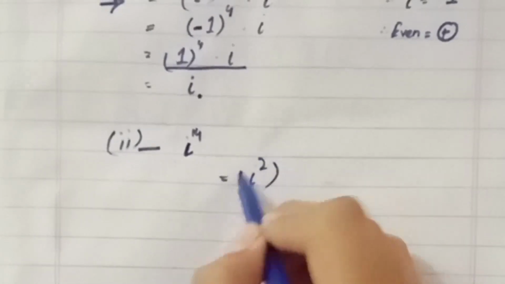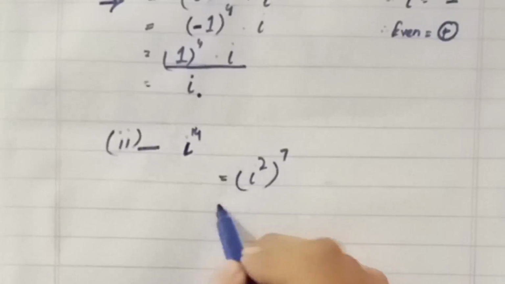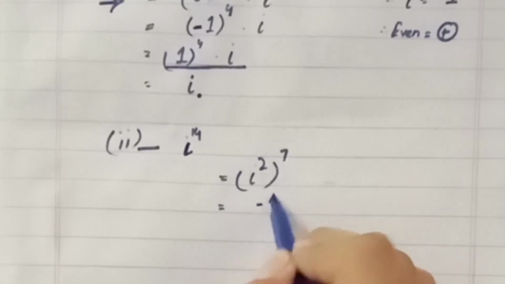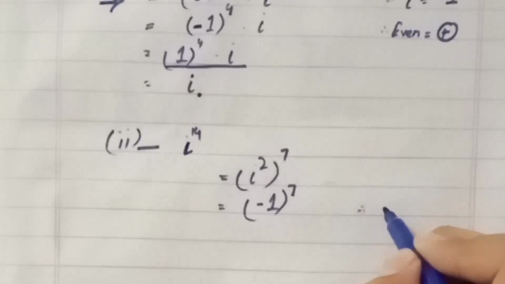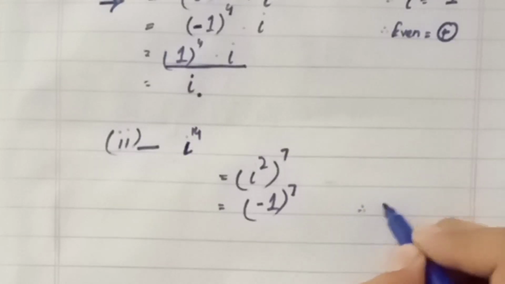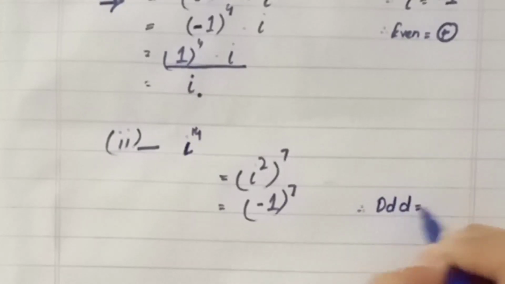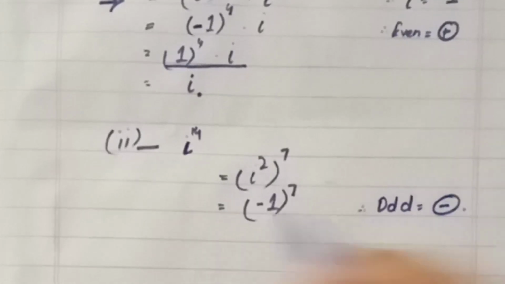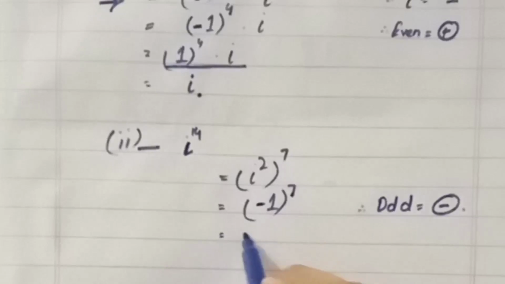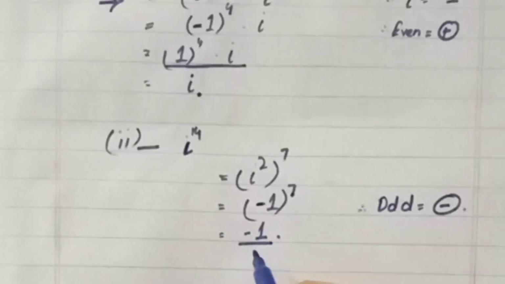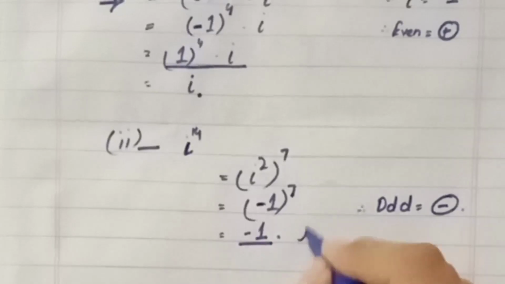See, iota square 7 will give minus 1 to the power 7. And here you have to know that odd powers always keep the negative sign. The negative sign will remain negative if there is any odd power, so the negative sign will remain with 1, minus 1. Minus 1 is the answer here.